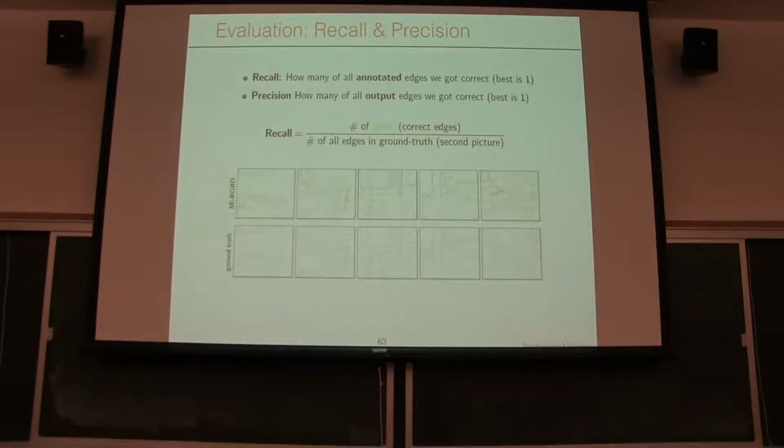How many did I find? Did I find 50%, 70%? If I find them all, then it's 100%, and that's perfect. So the maximum recall is 1, because it's 100%. So here is the ratio of the green, which are the correct edges, versus all the edges in the ground truth. That means the green plus the red. Remember, the red were the missing ones.